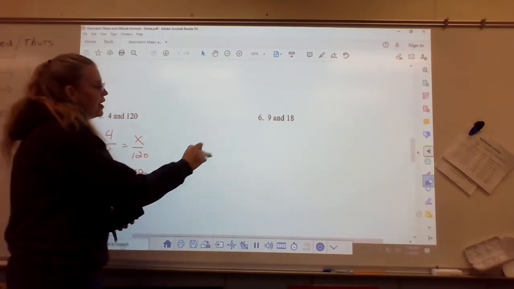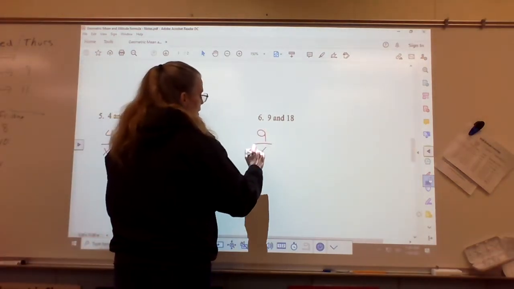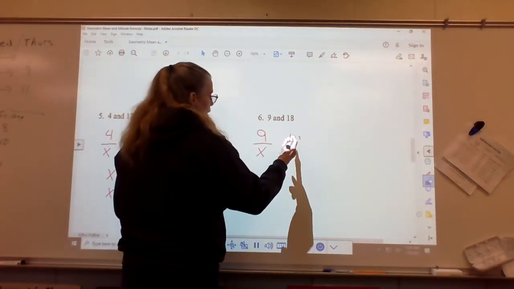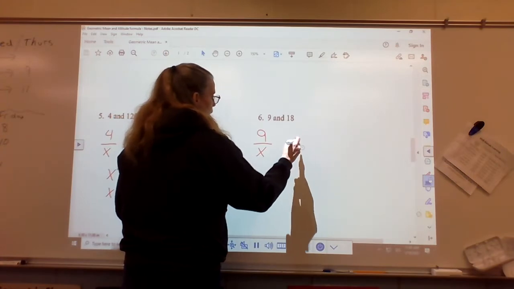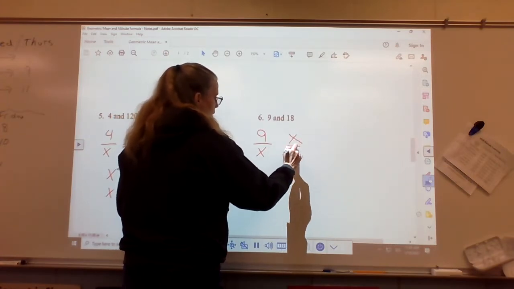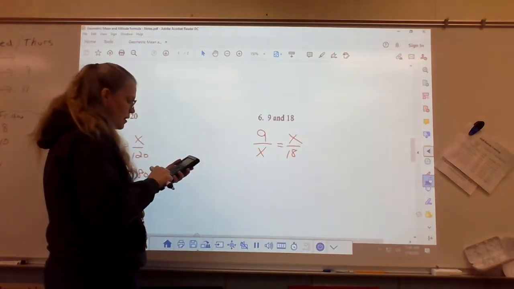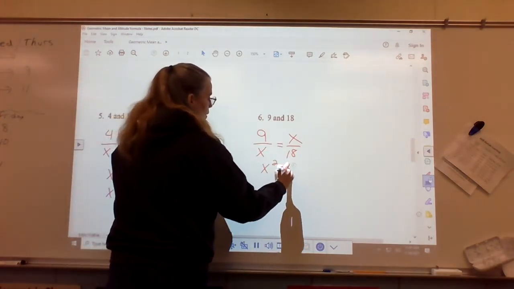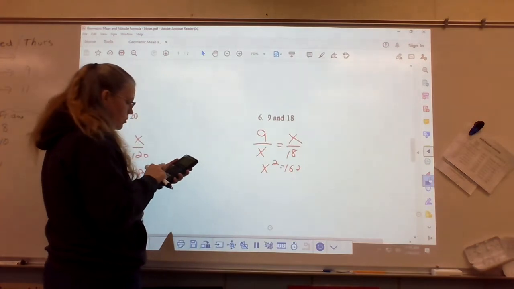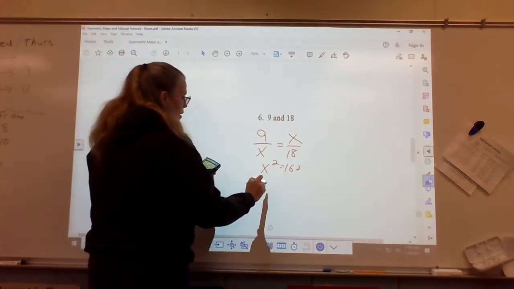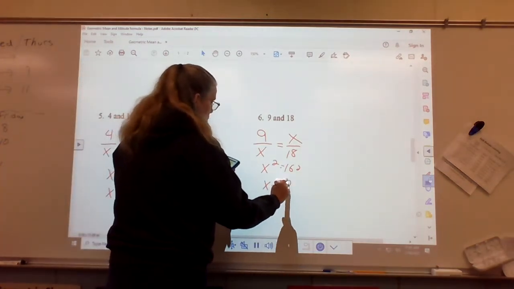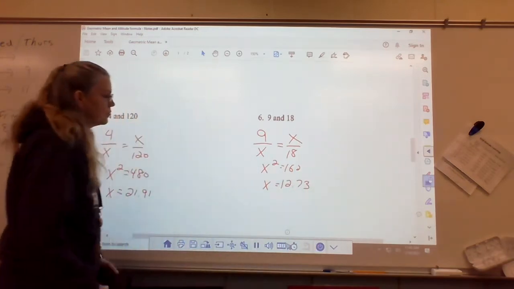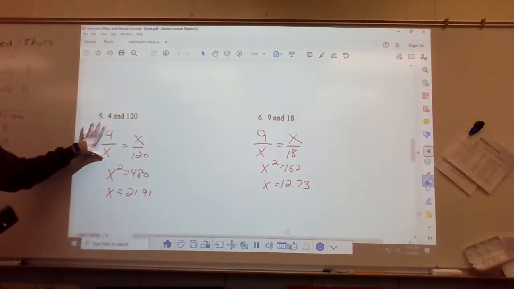And then the last one, 9 over X, X over 18. There's my setup. 9 times 18 is 162. Square root of 162. X equals 12.73. So that's how to find the geometric mean.